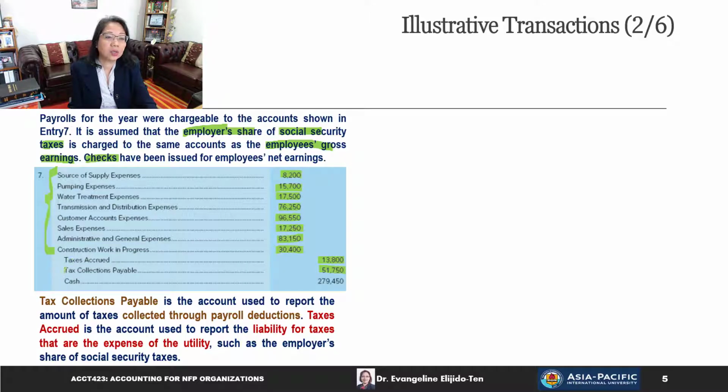So tax collections payable reports the amount of taxes deducted from the employees' salaries or payroll.